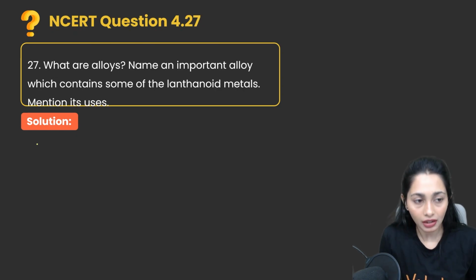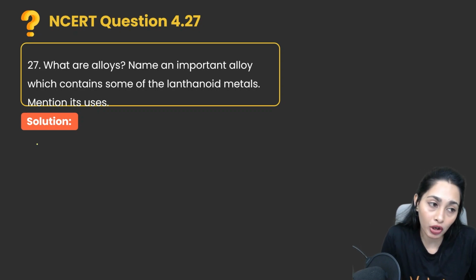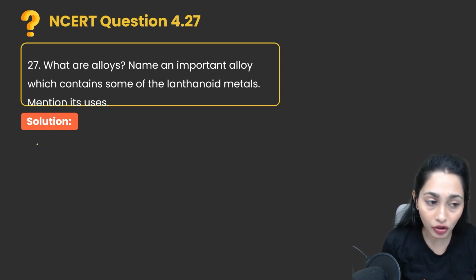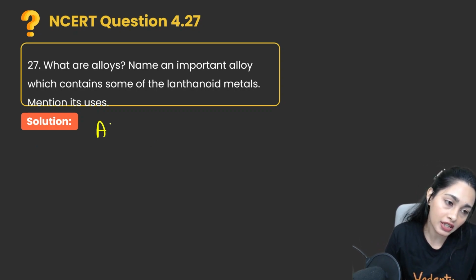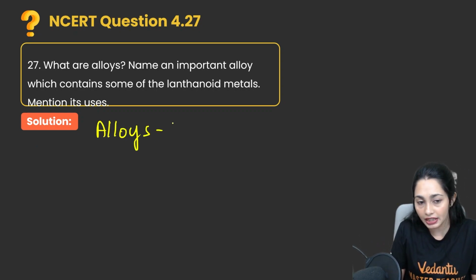Question number 27. What are alloys? Name an important alloy which contains some of the lanthanoid metals and mention its uses. So what are alloys? Alloys are something that we have studied in grade 9 as well.